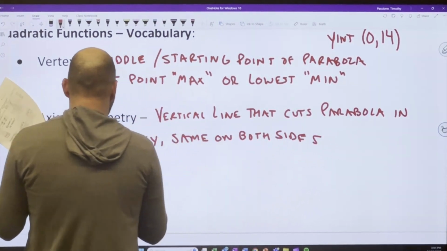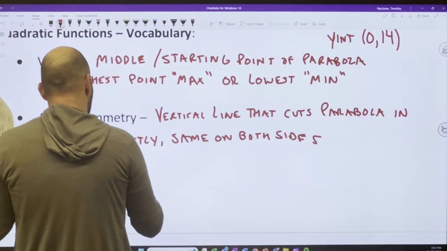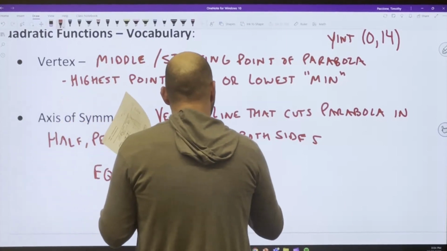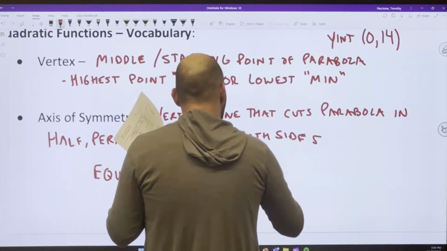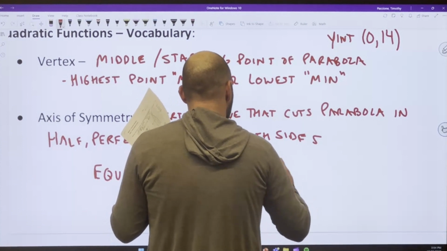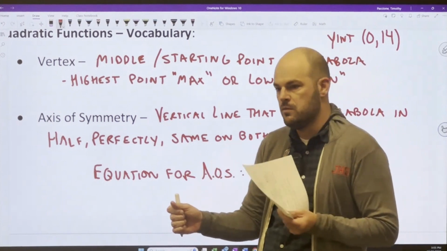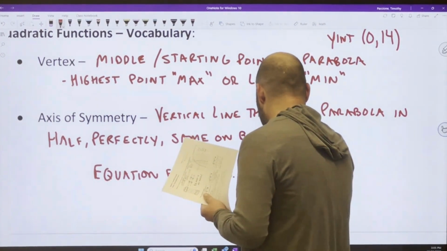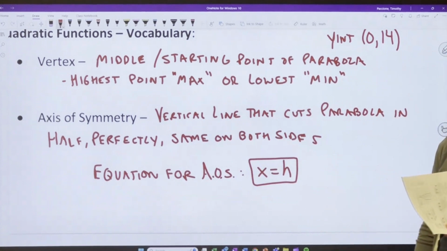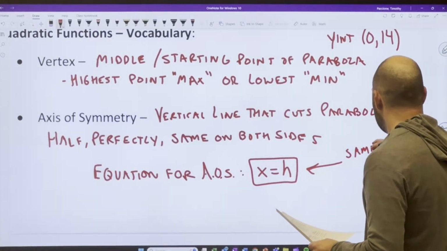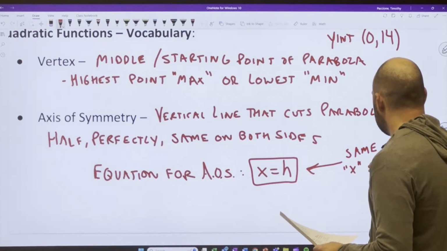The equation for your axis of symmetry, your AOS, will be x equals, well, thinking about our vertex, what do we use? We use that letter h for the x value. So x equals h is your axis of symmetry equation, okay? Same x as vertex.